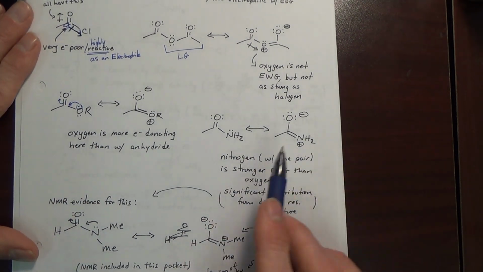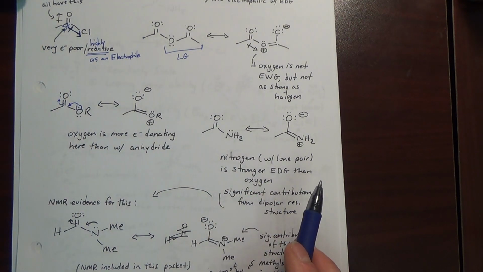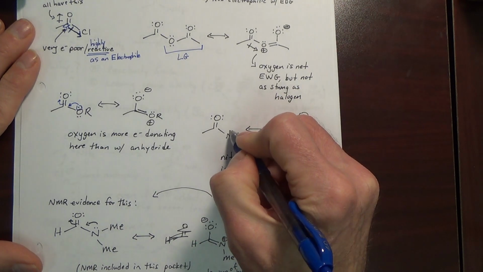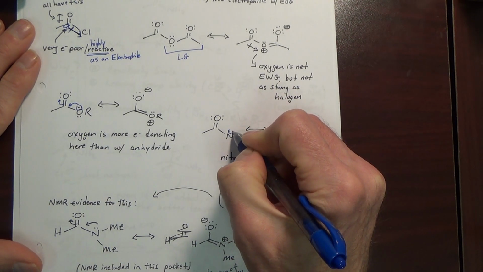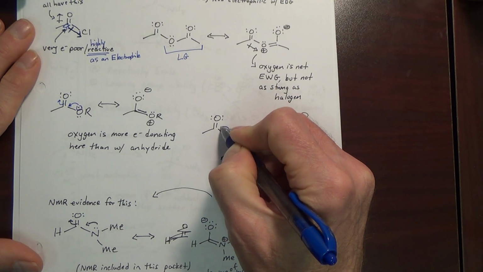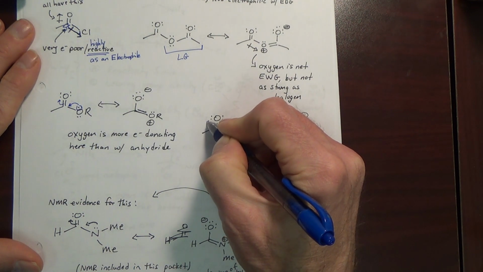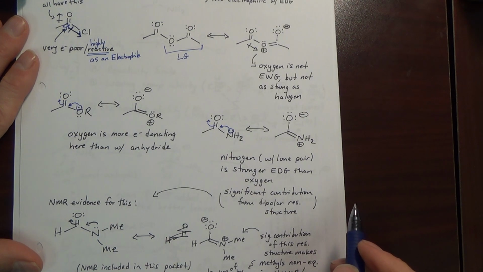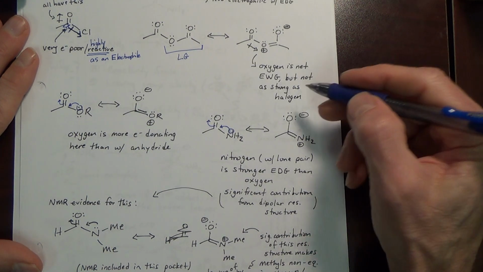Okay, last on the list is amides. Here, the nitrogen is a stronger donator than the oxygen. Okay, it donates strongly into the carbonyl to give this.